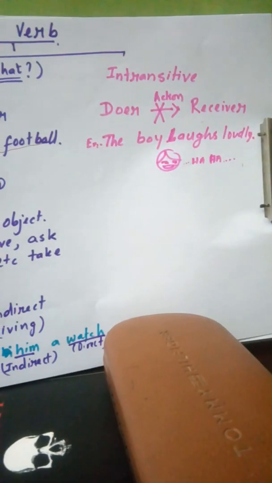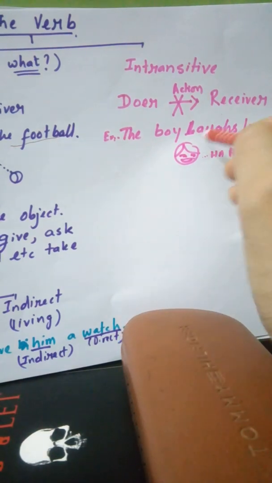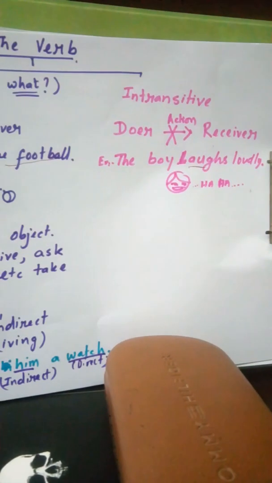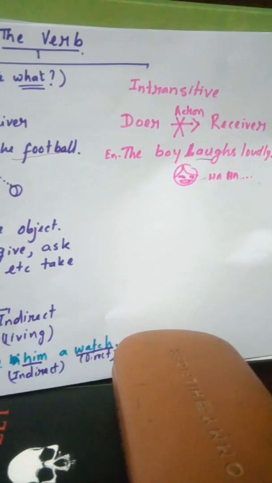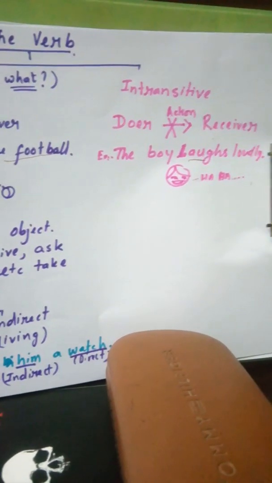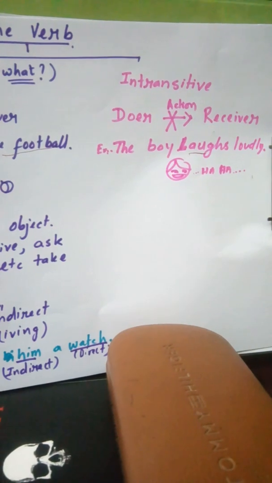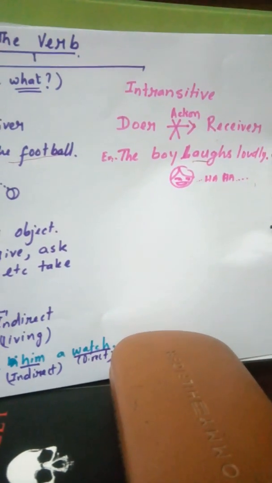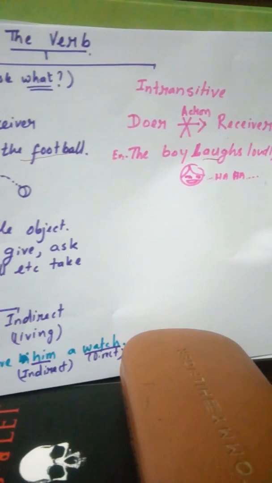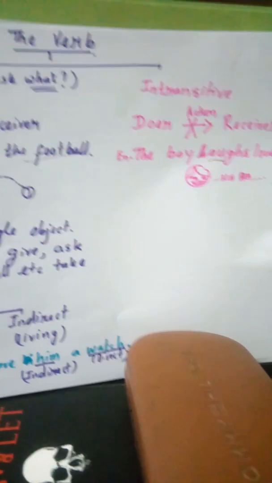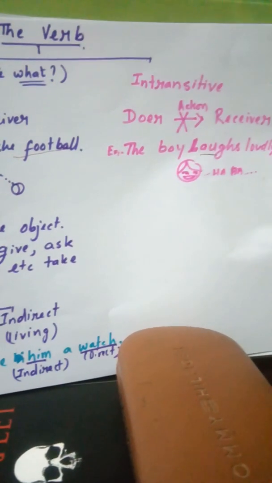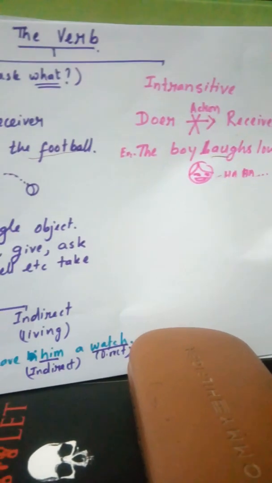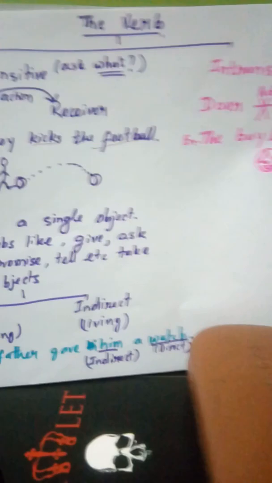Can you identify the verb over here? It is laughs. The boy laughs what? No answer. Hence, when you ask the verb what, if you get an answer, it is transitive. If you do not, it is intransitive. That is the easiest way of distinguishing between a verb used transitively or intransitively in a sentence.